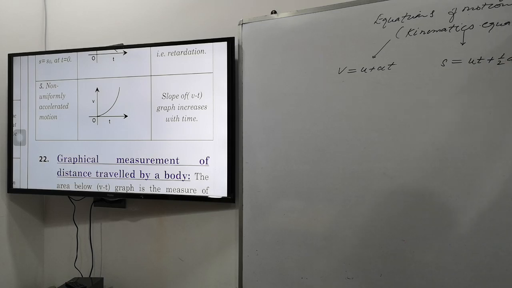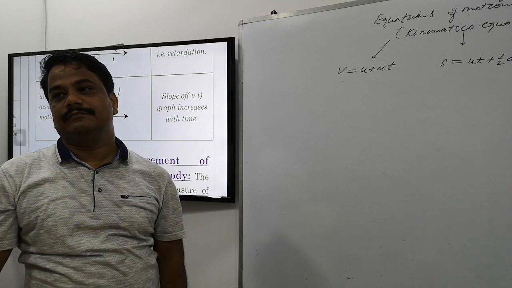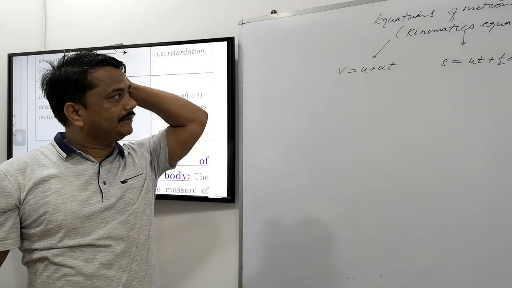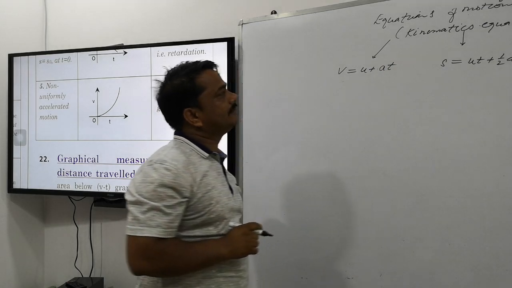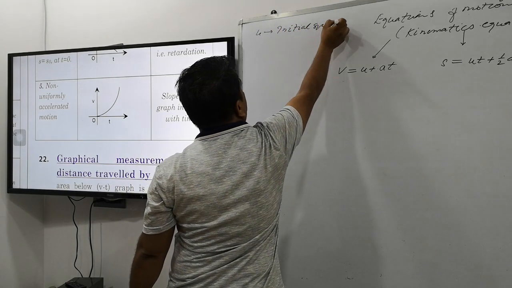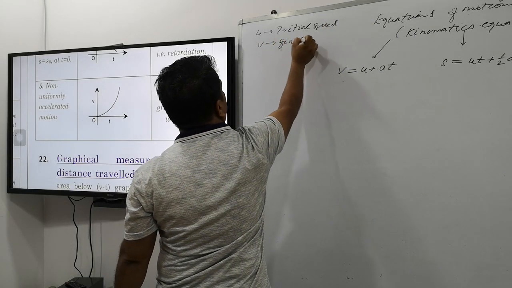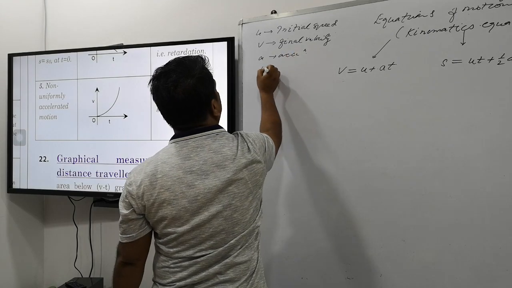Equations of motion means mathematical relations between motion variables. In v is equal to u plus at, u is the initial speed or velocity, v is called the final velocity or speed, a is called acceleration, and t is what here?